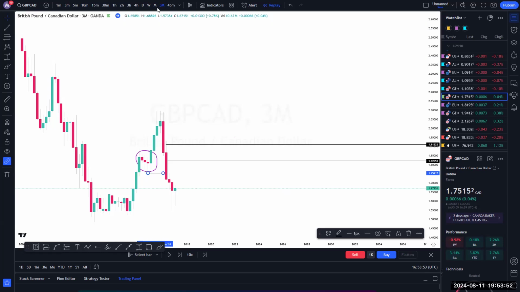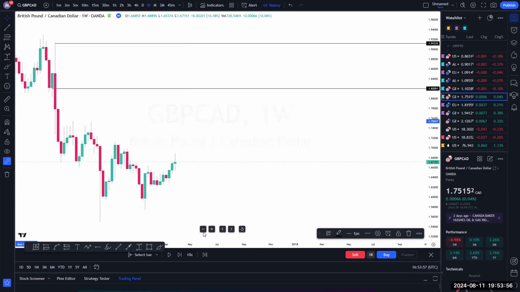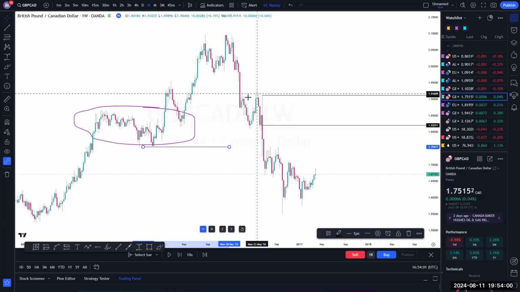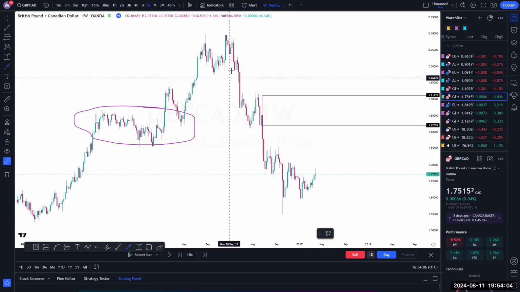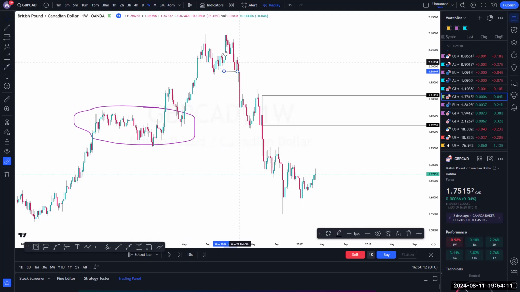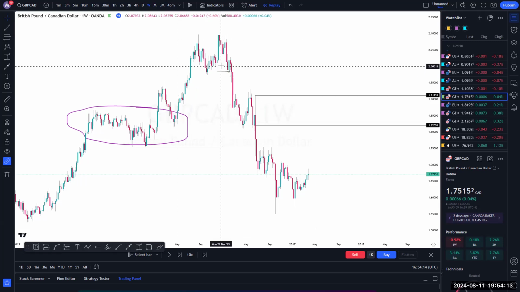But when we went down to the 1 week, we saw that now we have an available area of liquidity, which is this one. Meaning that price performed a shift point here on the weekly time frame. So the weekly time frame has corresponded to the 3 month because it has also performed a shift point.